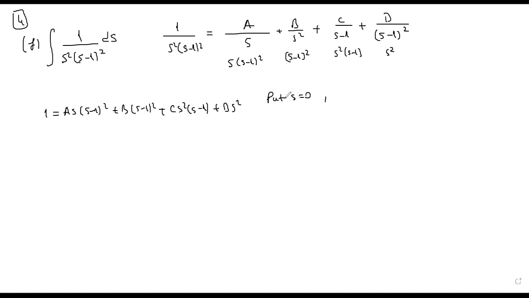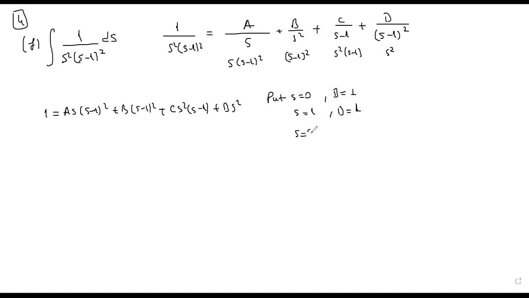Now, what do we get? Here these cancel out, then b times minus 1 squared is equal to b, so b is equal to 1. If you put s equals 1, then you will get d is equal to 1.